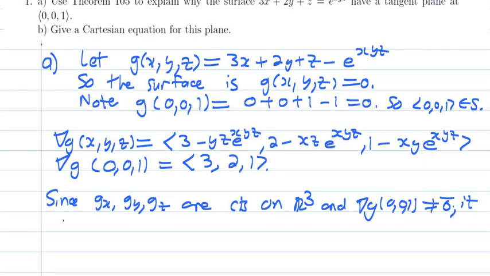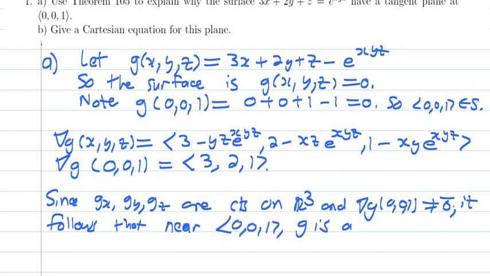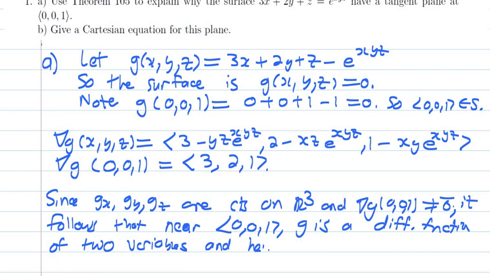And by theorem 105, it follows that near the point (0, 0, 1), g is a differentiable function of two variables, and hence a tangent plane exists. So what we've done in part A is that we have proven that yes, there is a tangent plane at this point. And now part B, we want the equation of the tangent plane.